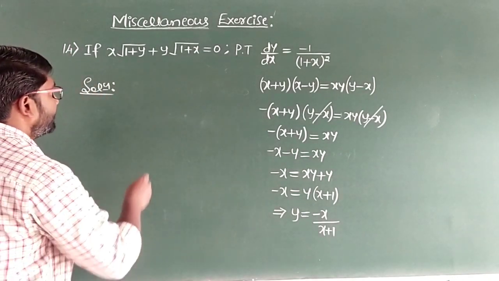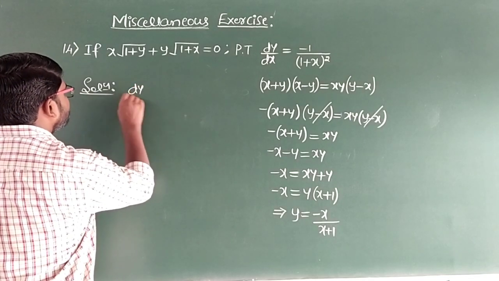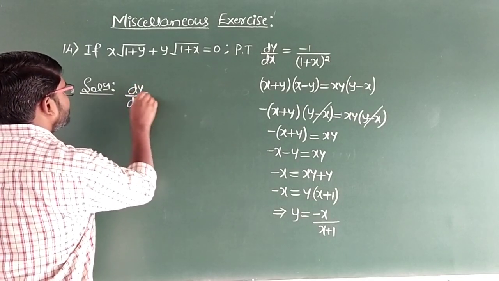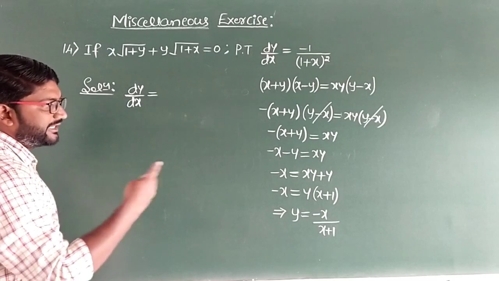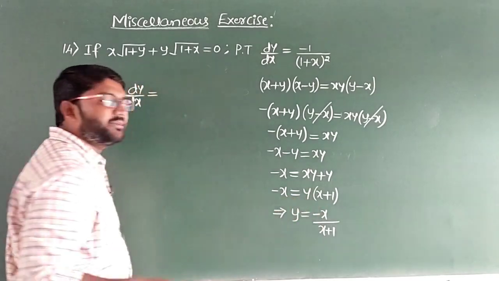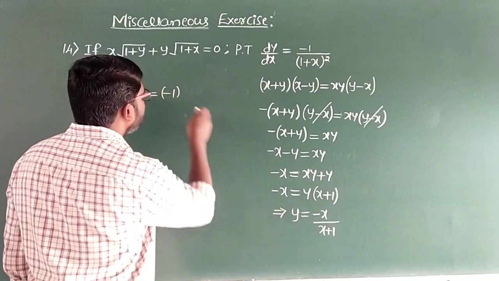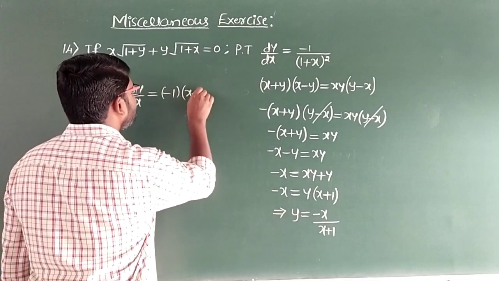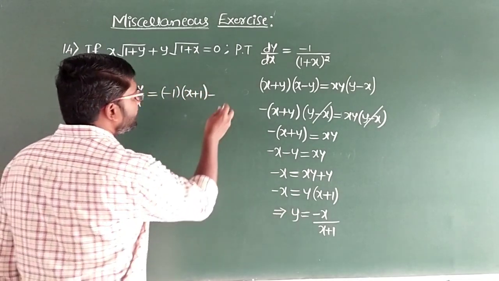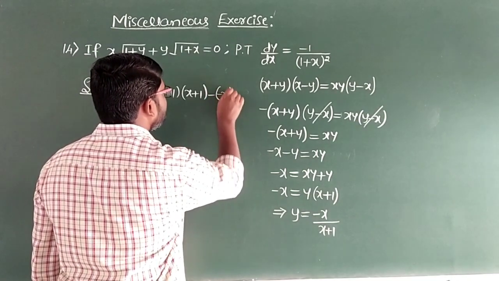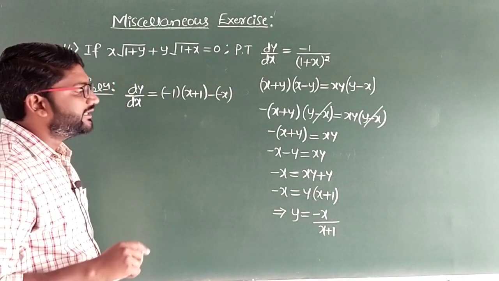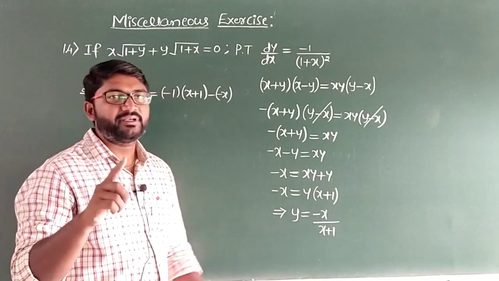Well, so we get dy by dx equals u dash, the derivative of minus x, which will be minus 1. So u dash v, x plus 1 as it is, minus u, that is minus x, must be written as it is, then the derivative of the denominator, the derivative of x plus 1, will be 1.